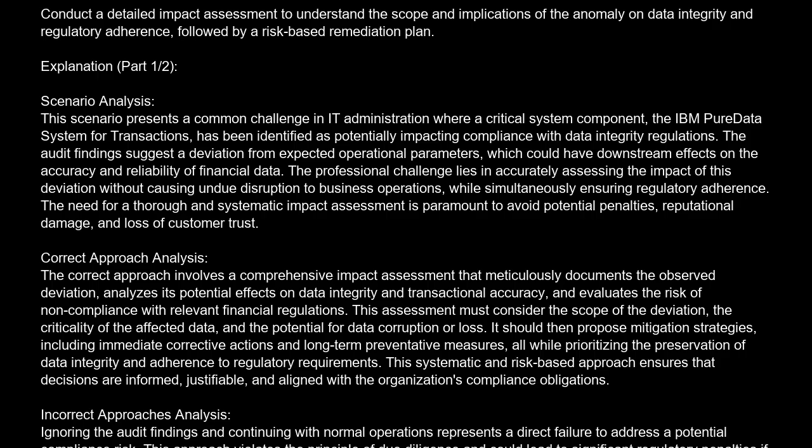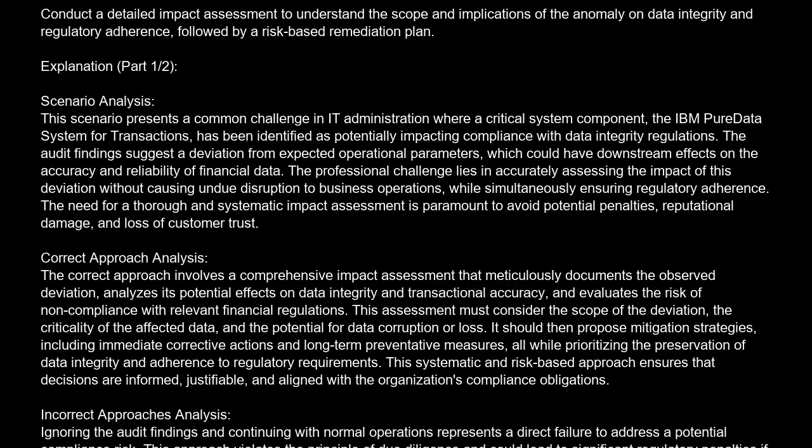The professional challenge lies in accurately assessing the impact of this deviation without causing undue disruption to business operations, while simultaneously ensuring regulatory adherence. The need for a thorough and systematic impact assessment is paramount to avoid potential penalties, reputational damage, and loss of customer trust.